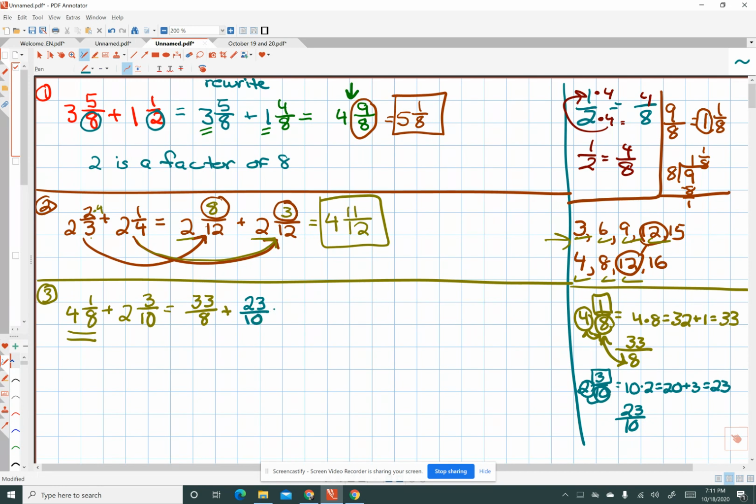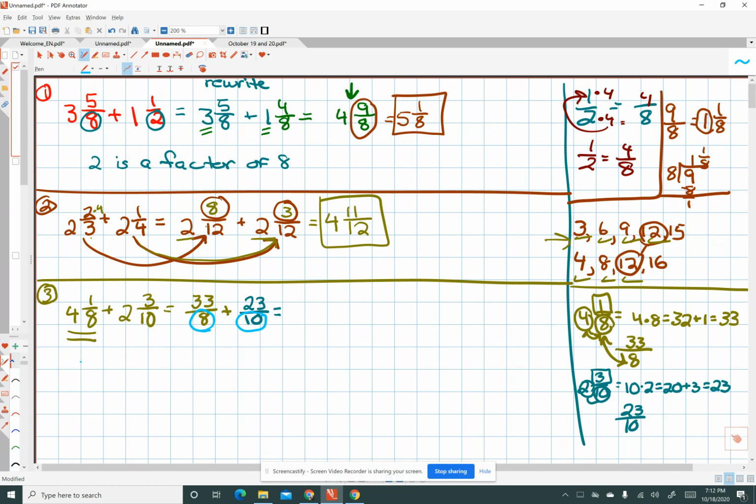And now we still can't add them. What's the problem? Well, the problem is that we still have different denominators. When we add and subtract fractions, remember, we have to have same denominators.